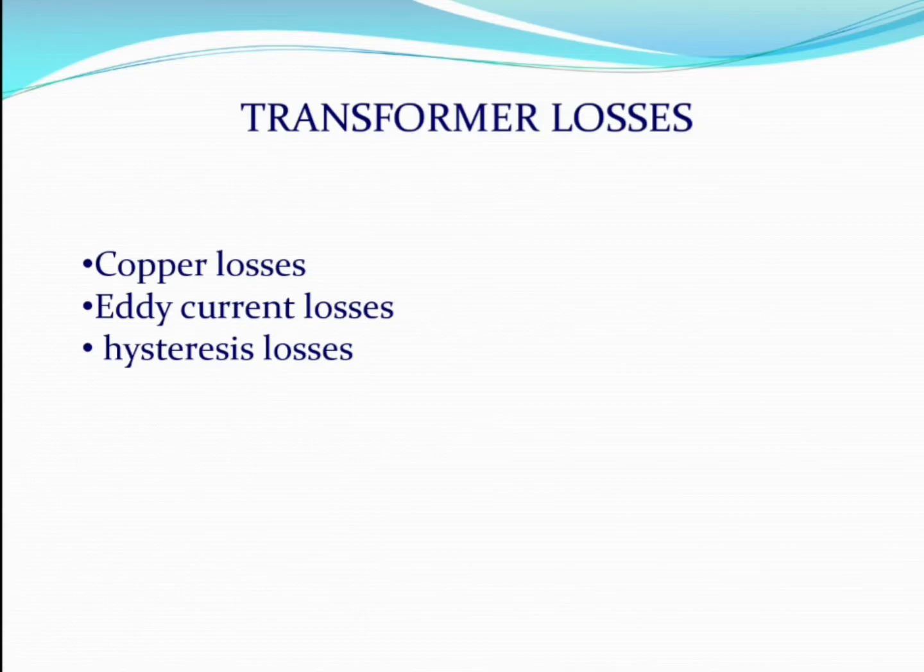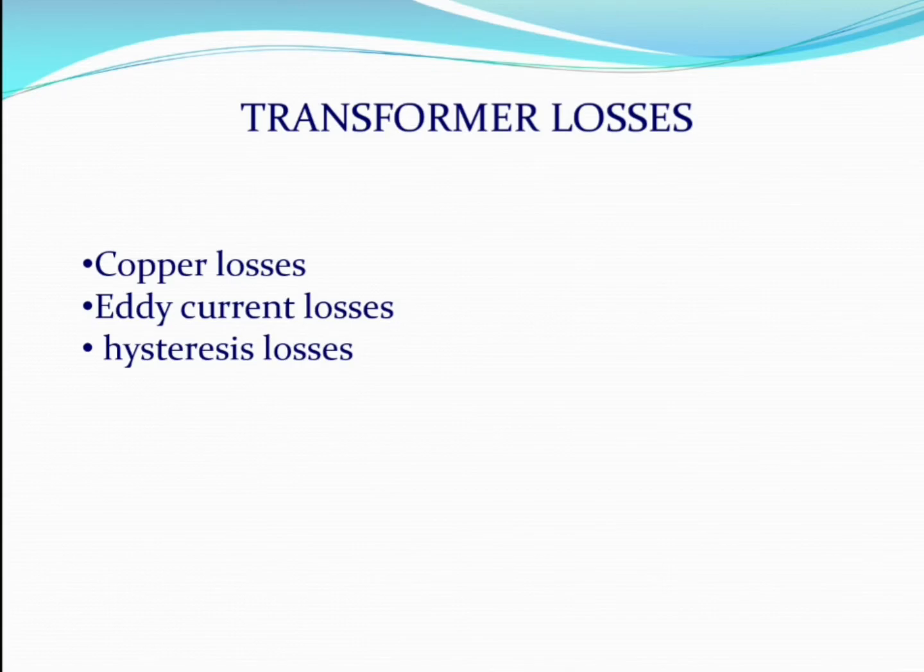The transformer losses can be categorized into three, that is copper loss, eddy current loss, and hysteresis loss. These are the three power losses that decrease the efficiency of the transformer. So let's discuss the first one, that is copper loss. Copper loss is caused due to the resistance of the copper wire. We know that we are using copper wires in the primary and secondary coils of the transformer.